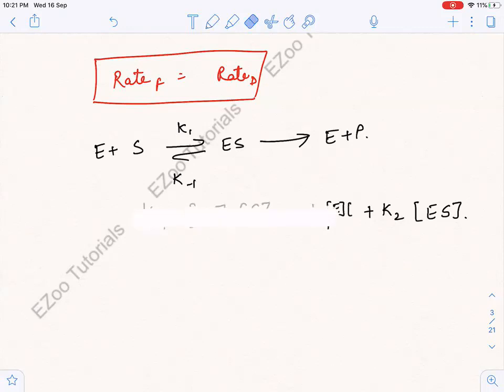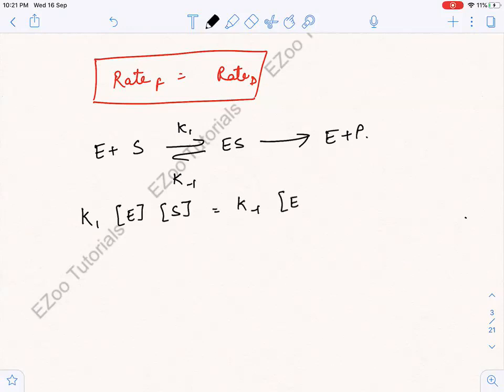I'll write it again. I wrote it in a very clumsy manner, so I'll write it again. So rate of formation is equal to rate of dissociation. Okay.